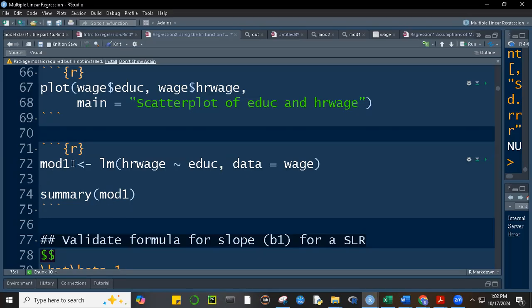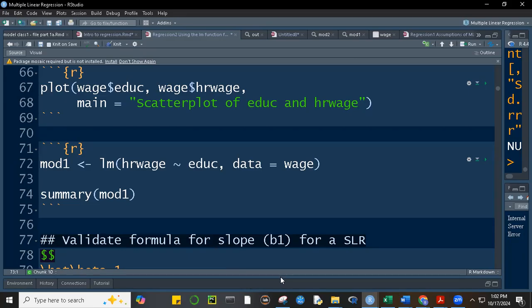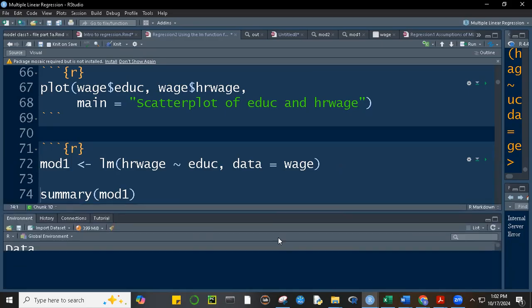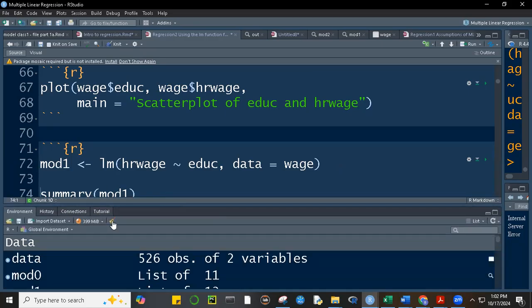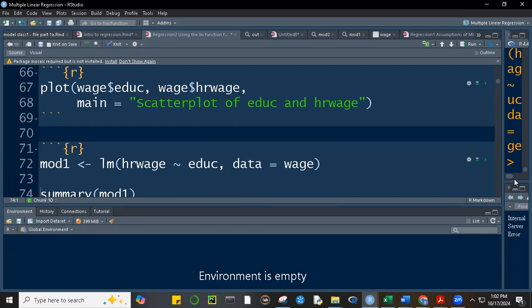And then once we have created this, we know that this is a list and this contains several objects. If I rerun this, okay, and then we will have now, okay, sorry about that. Let me erase everything.